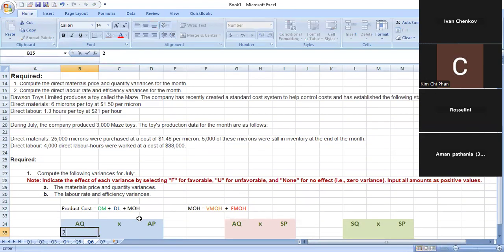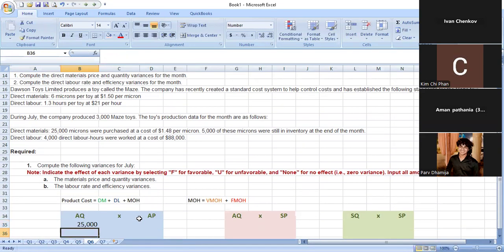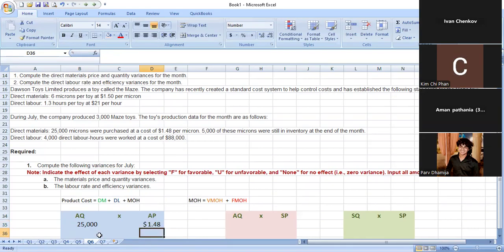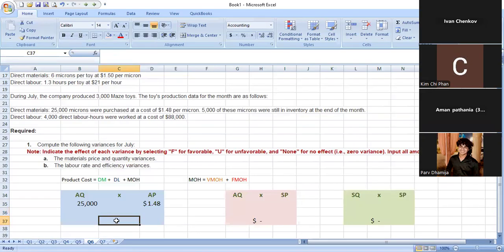And the cost that we pay is 1.48. In this case, we don't have the total cost, so we're going to come up with the total cost. That's not going to be a big issue here. That will be equal to 25,000 times 1.48.